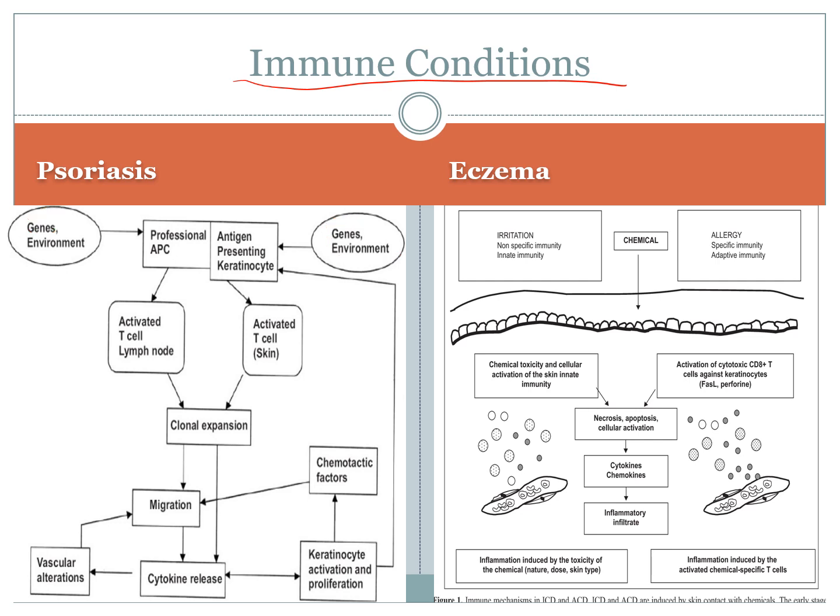So the way it works, just quickly, is you have an involving agent, obviously from genetics or environmental factors. What that does is one of two things. It either activates your antigen presenting keratinocyte, or it comes along a different way and activates the antigen presenting cell. Either way, this activates your T cell within your lymph nodes or your skin.